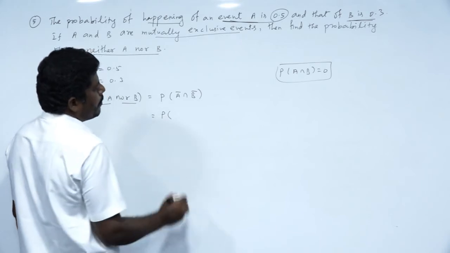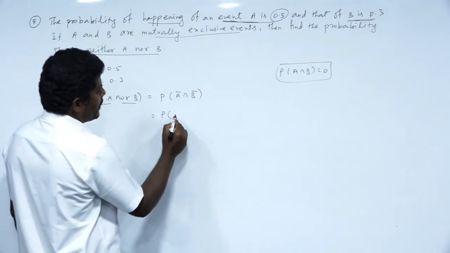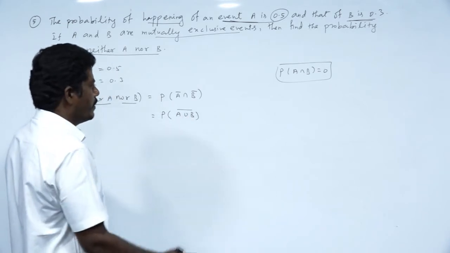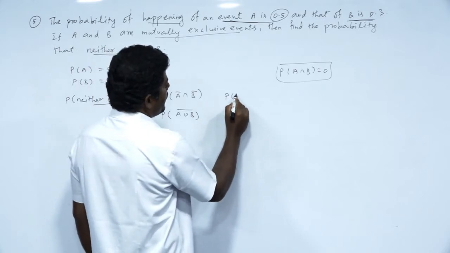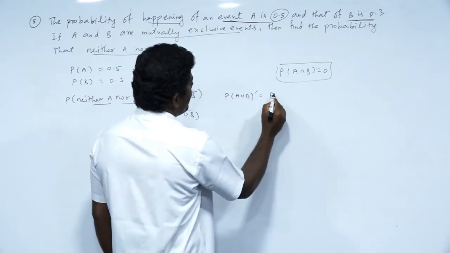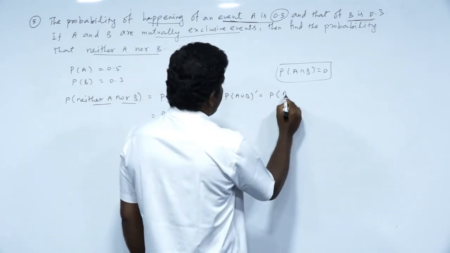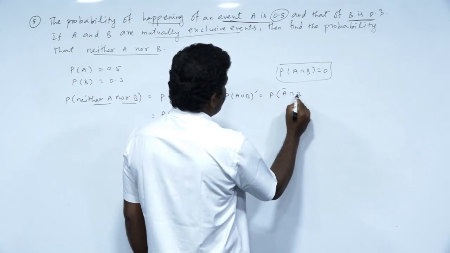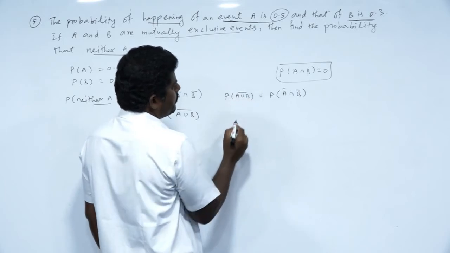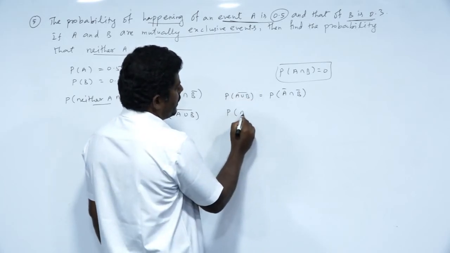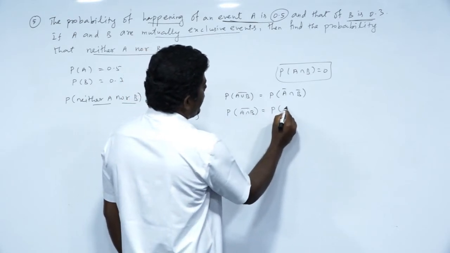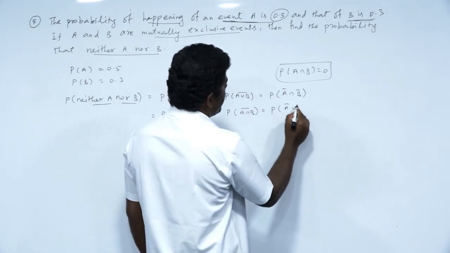Probability of A bar intersection B bar is equal to probability of A union B the whole bar. Otherwise, probability of A intersection B the whole bar is equal to probability of A bar union B bar.